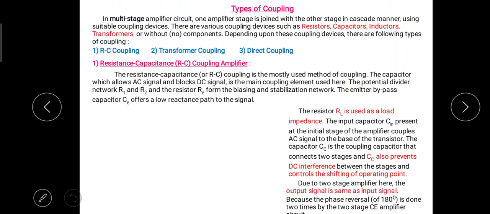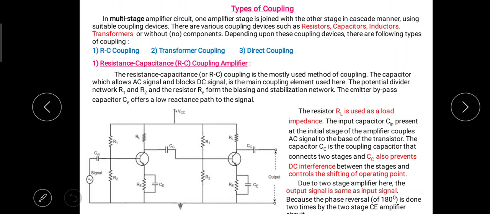There are various coupling devices as we have discussed earlier. Depending on these coupling devices, there are the following types of coupling methods. First is RC coupling, second is transformer coupling, and third is direct coupling. All these three circuits we have to discuss in detail.